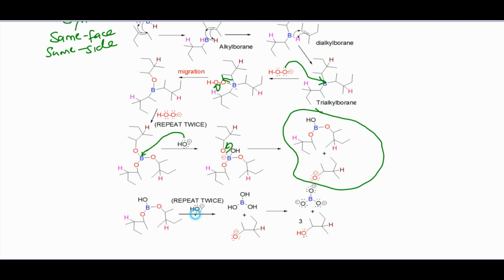We're going to repeat this step twice by attacking the boron so that this group leaves. If you repeat twice, you're going to get these 2 molecules, and end up with 3 alcohols at the end.